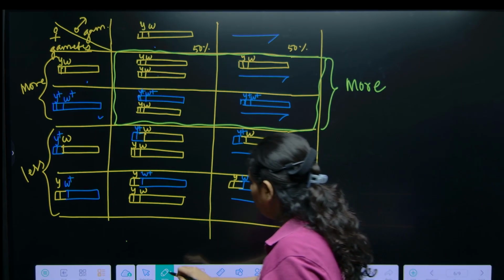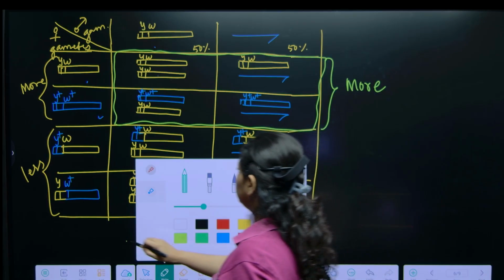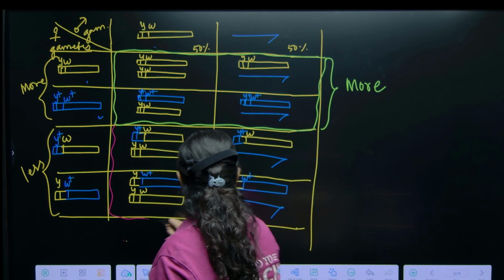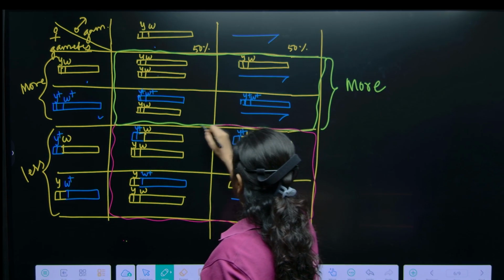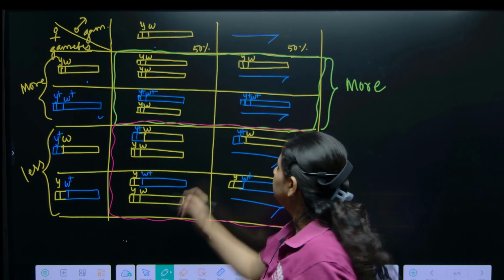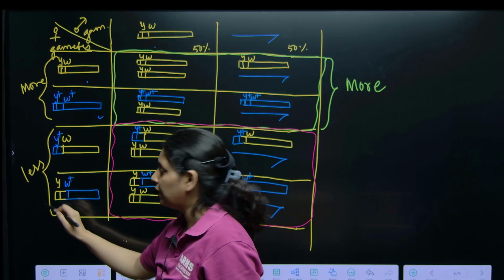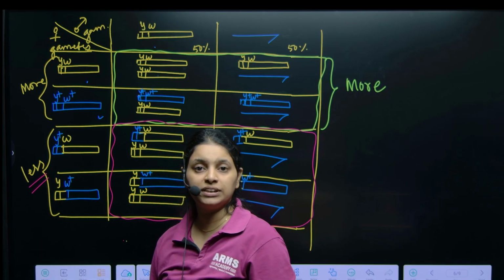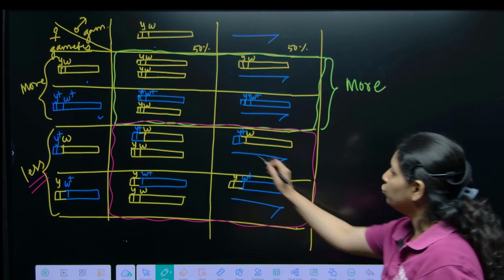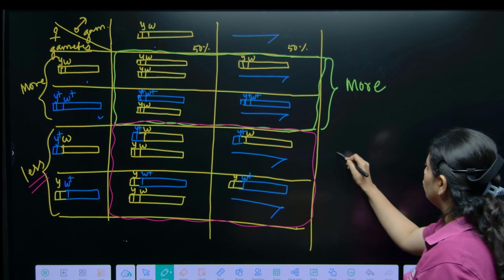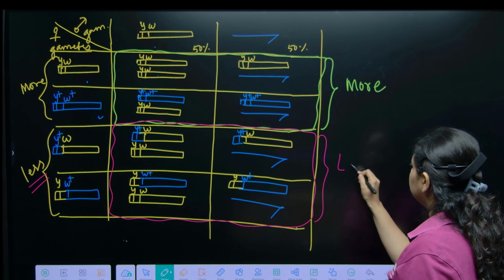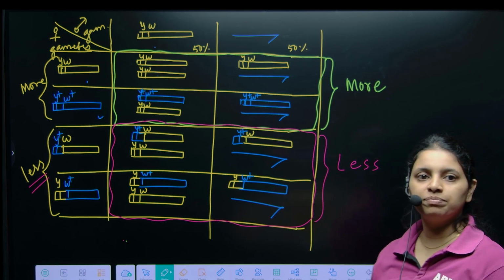And what about this one? These four, as female gametes are equal. Okay, so now these two female gametes, as these are less in number, these are recombinant, so less in number. So these four types of offsprings are also less in number.